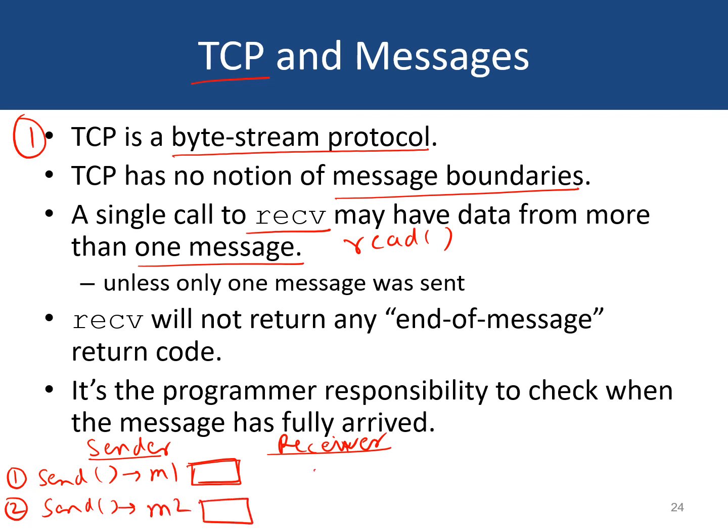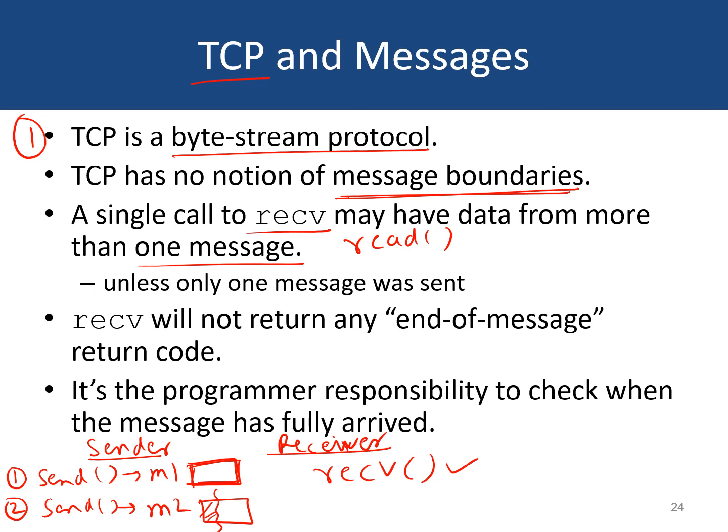Now on the receiver end, let's say we only make one call to receive, and it is possible that with just this one call to receive, we retrieve the entire message M1 and also some portion of message M2. This is possible because, like we have seen, TCP has no notion of message boundaries.